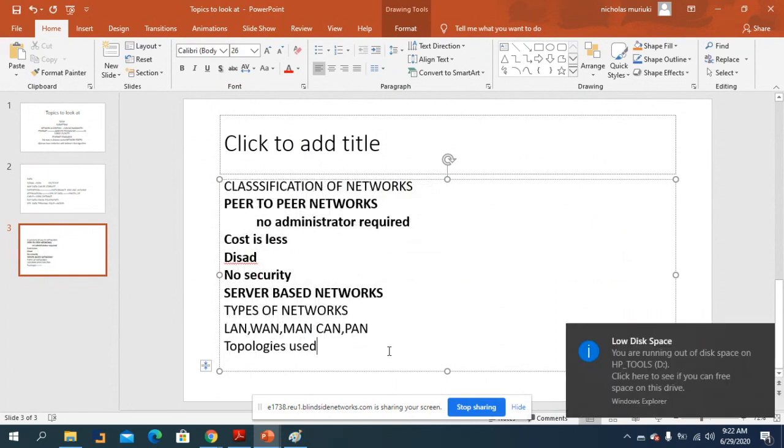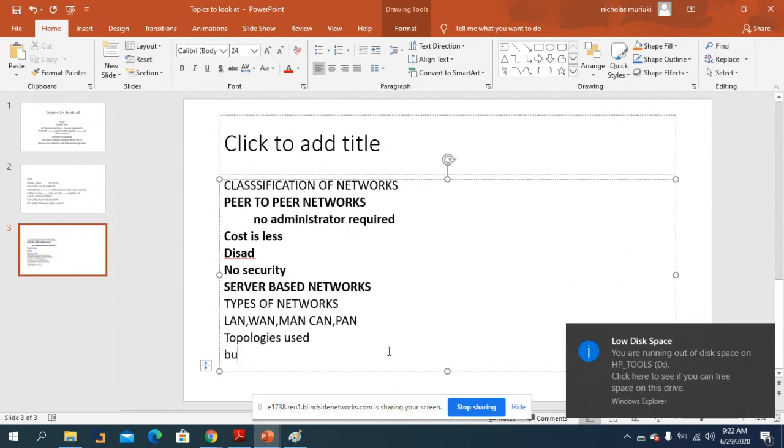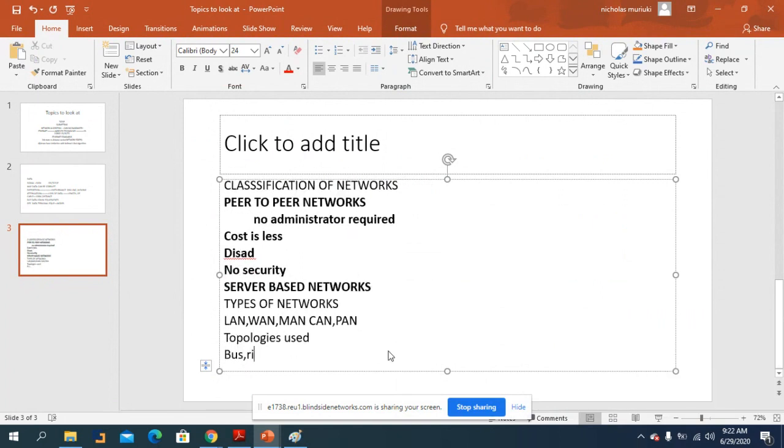One of them is the bus topology, ring, star topology, tree topology, mesh topology, etc. Among the types, one of them is LAN, when you are communicating over a very short distance, maybe within a single building, within a confined area.